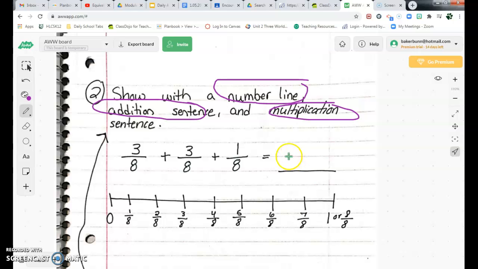Now when I'm adding fractions, I want to choose a different color. Let's choose green. When I am adding fractions, I never, ever, ever in a million years, no matter who says you can, add or subtract denominators, these bottom numbers. You can multiply them, but we're going to talk about that later.